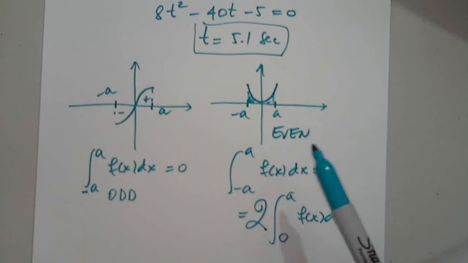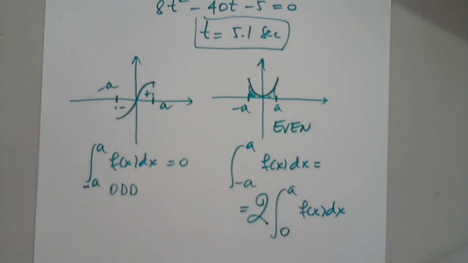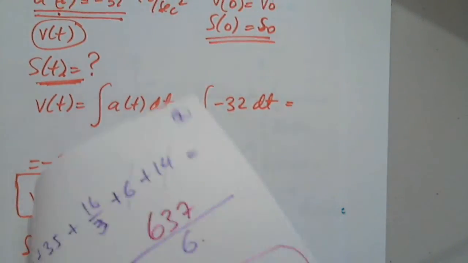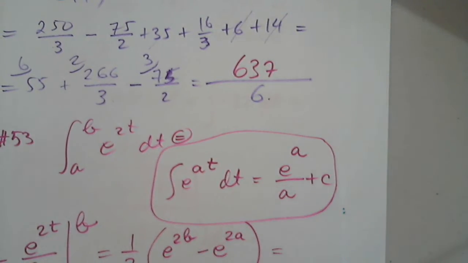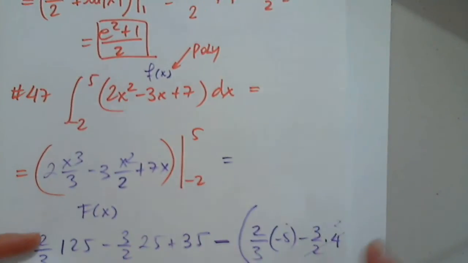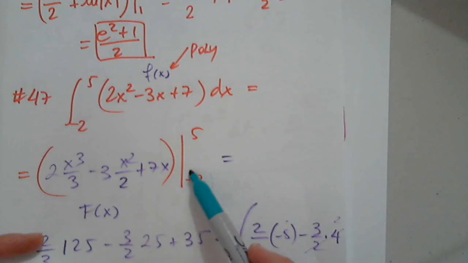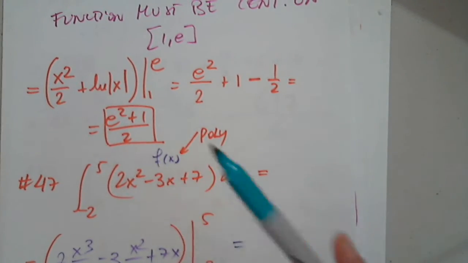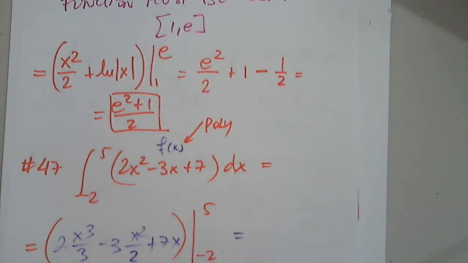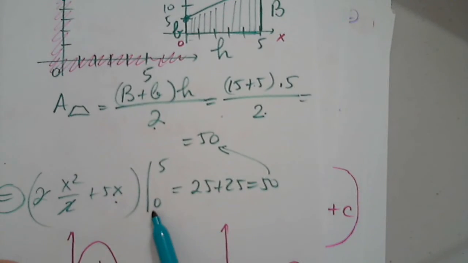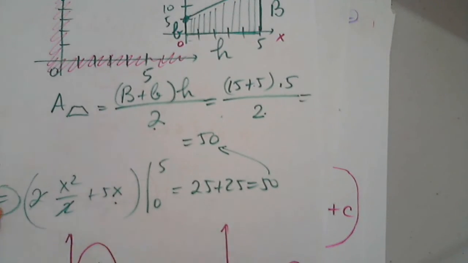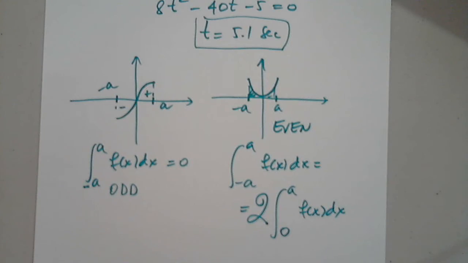Very helpful, because you saw how much more work it was for you to plug in a number here versus to plug in 0. It is so much easier when 0 is the lower limit of the integral.